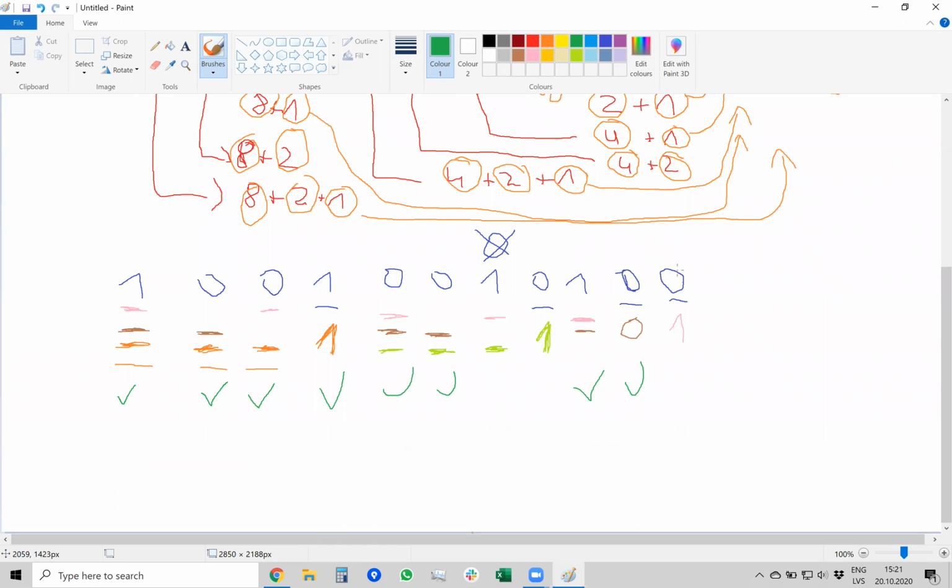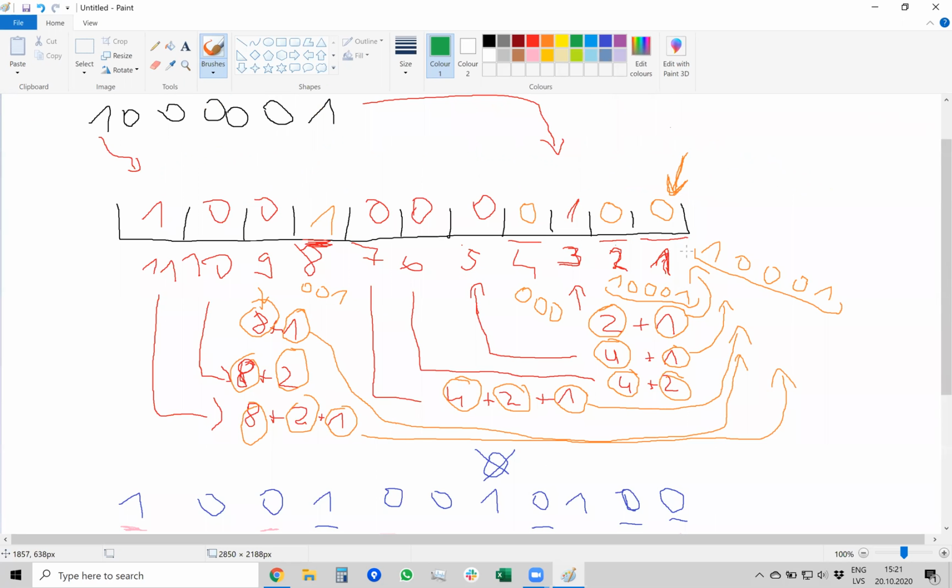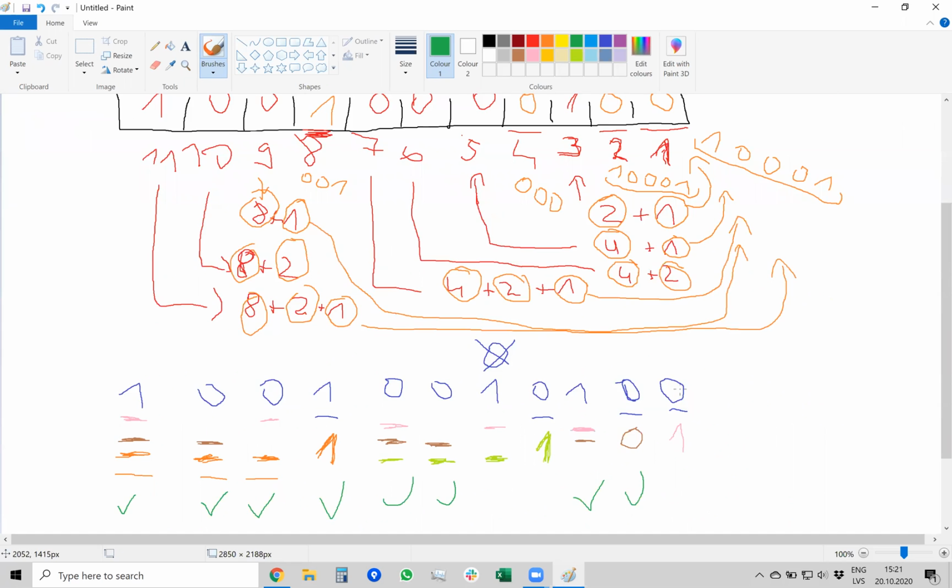Next, we check out parity bit number 1, in the first location, in the location number 4, and basically it tells us that the error is in that location, which has a different parity.